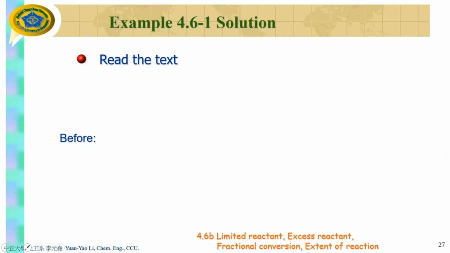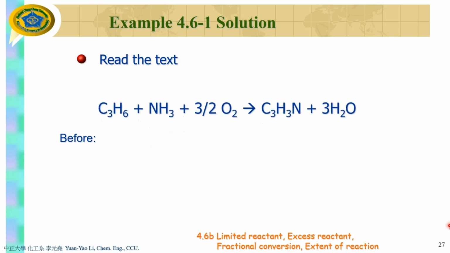So I already finished reading this information to you. Please take a look at this slide on the wall here. After we read the text, we understand this is a chemical reaction: C3H6 plus NH3 plus oxygen O2 becomes C3H3N and H2O.